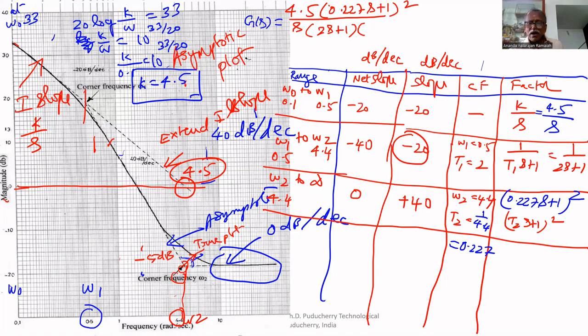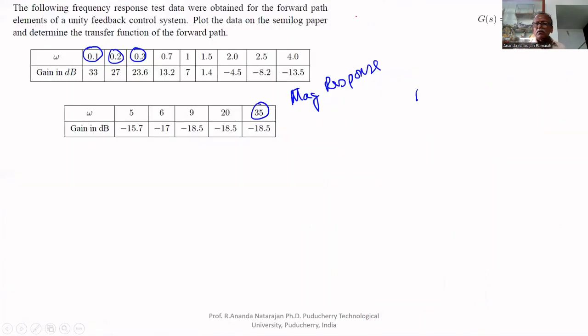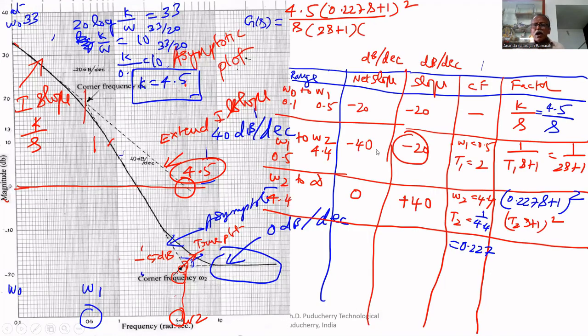That's all. Yes, we got the same answer. Therefore, the given transfer function is this. This is the transfer function for the given Bode plot, the frequency response.